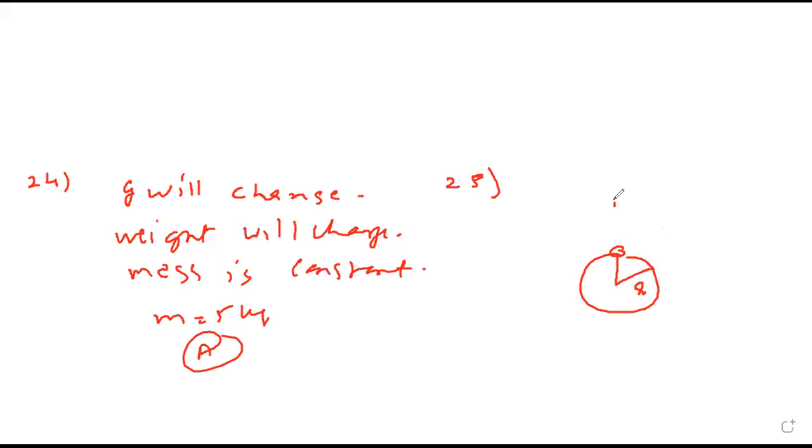It is taken to another orbit of radius 3r. How much energy must be supplied? So r1 is orbital radius r, and r2 is 3r.